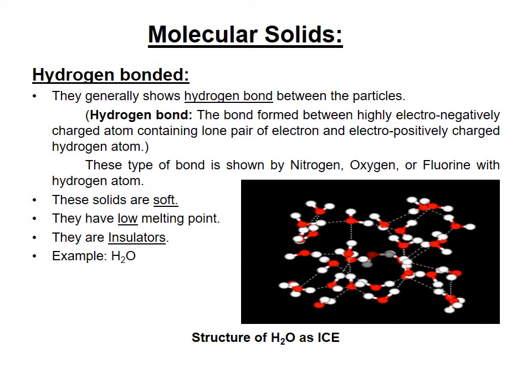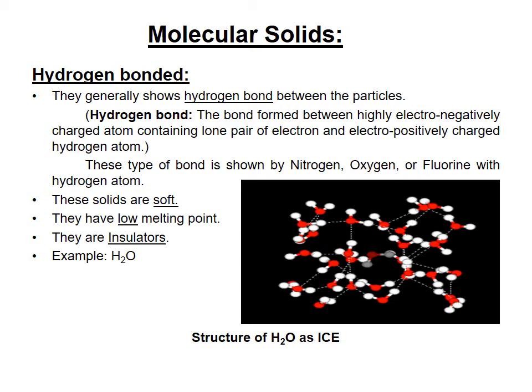The bond formed between the highly electronegative atom containing lone pair of electrons and electropositively charged hydrogen atom. This force which is created between negatively charged atom and positively charged hydrogen is known as hydrogen bond.